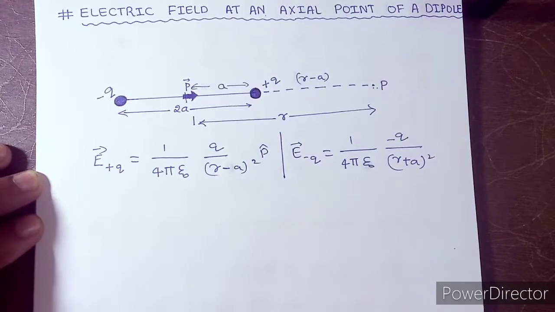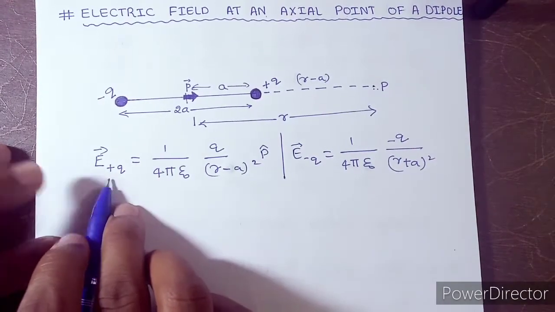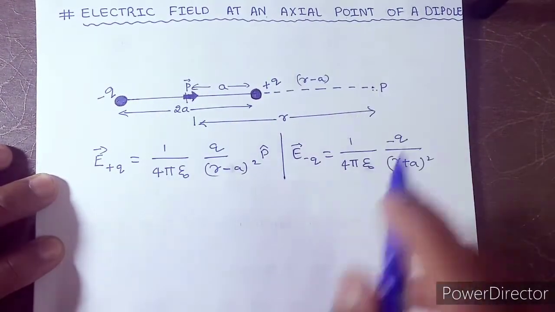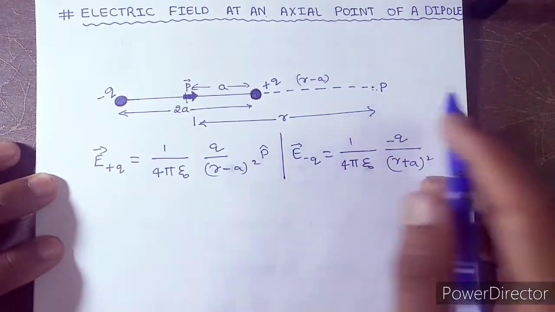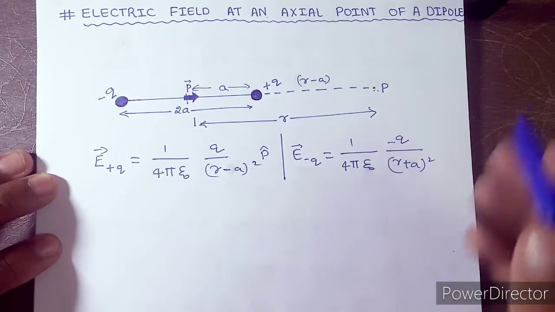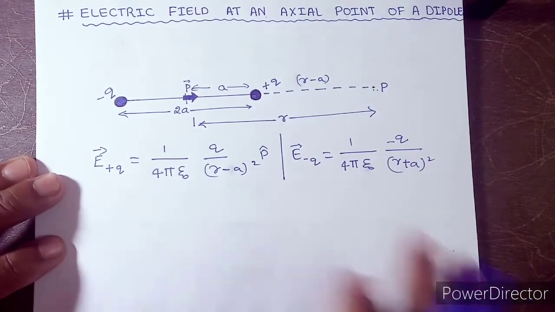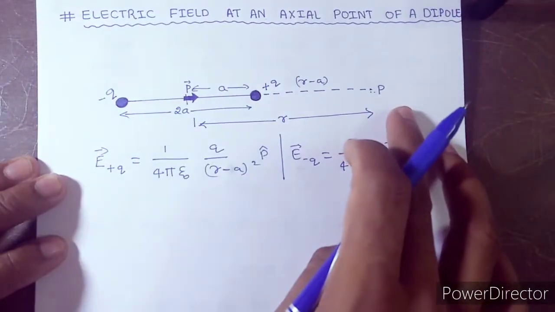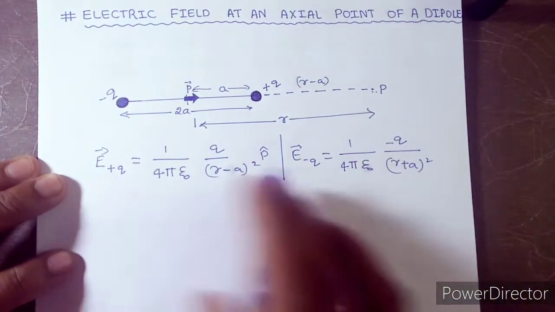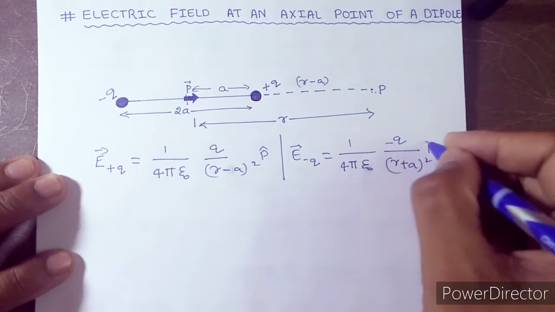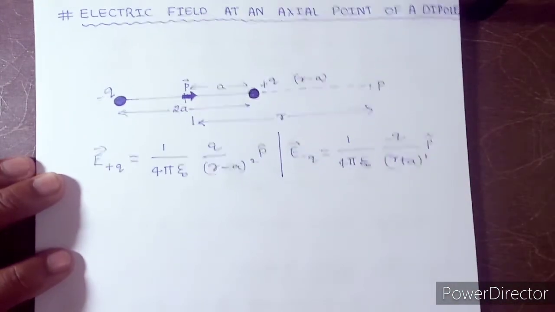So now we got the electric field due to positive charge at this particular point P and negative charge at this particular point P. So now what we have to do, we have to find the resultant electric field due to both the charges at this particular point. So how can you do that? Here I missed to put P cap. Yeah. So this is in vector form.